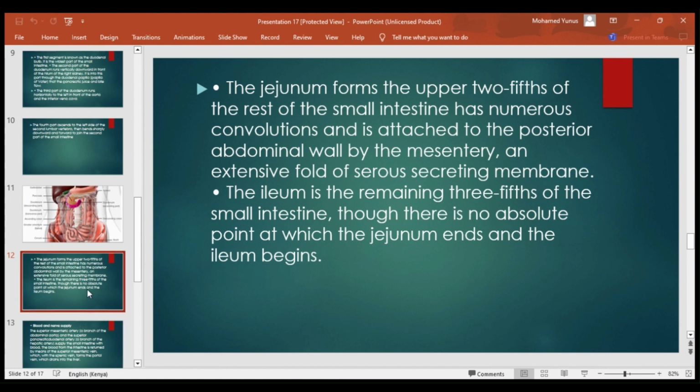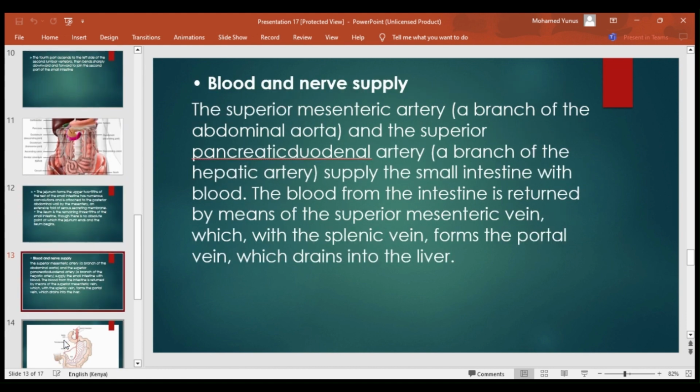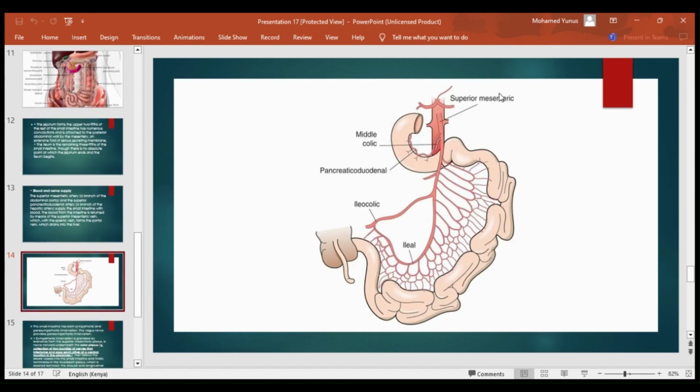So after talking about all that, let's take on the blood and nerve supply of the small intestine. We find that the superior mesenteric artery, a branch of the abdominal aorta, and the superior pancreaticoduodenal artery, a branch of the hepatic artery, supply the small intestine with blood. Here is the superior mesenteric artery, and here is the pancreaticoduodenal.